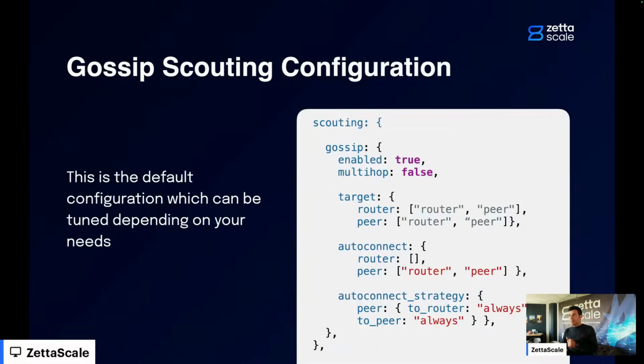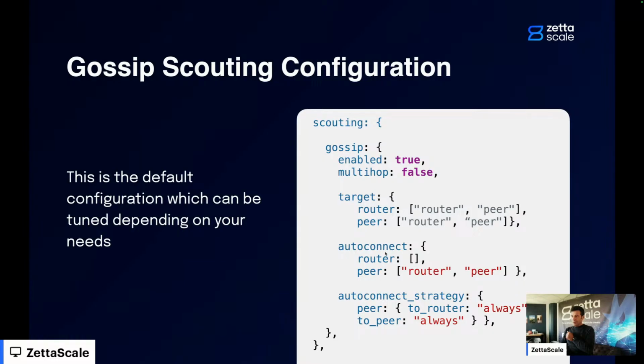And if we look at the default configuration in Zenoh, gossip scouting is enabled. You don't have multi-hop, and that can be enabled or disabled. And then I think the interesting part is the auto-connect.